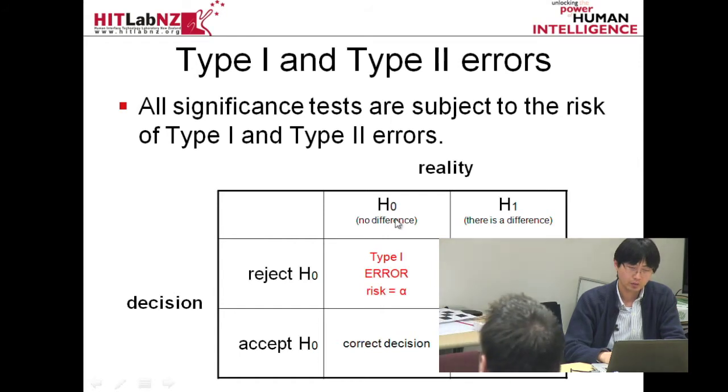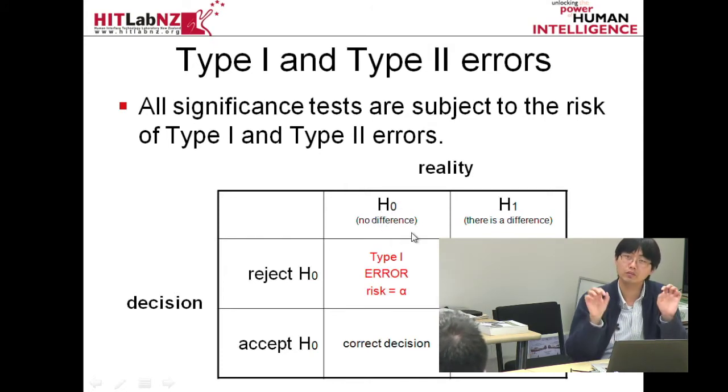In reality, if H0 is true, which means there's no difference between the two groups, and you conclude we reject the H0, then that's an error, and that's called type 1 error. And the probability of making that type of error is called alpha, which you will see later in many statistics tools, that you set this alpha value to a very low number.